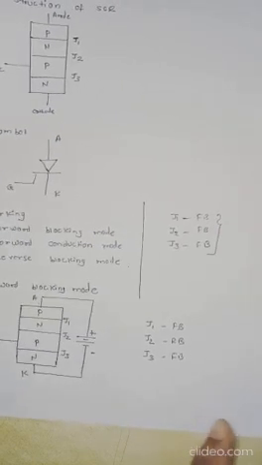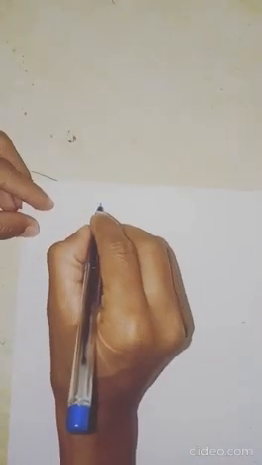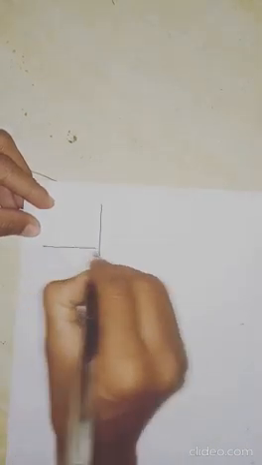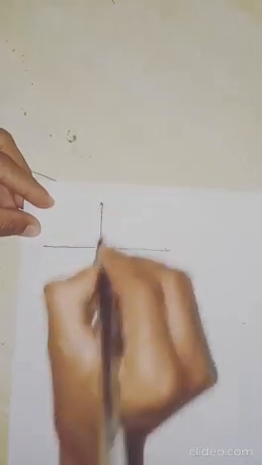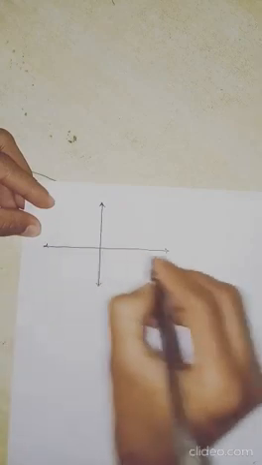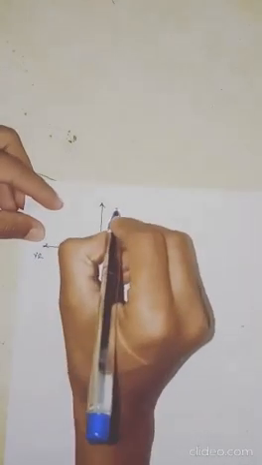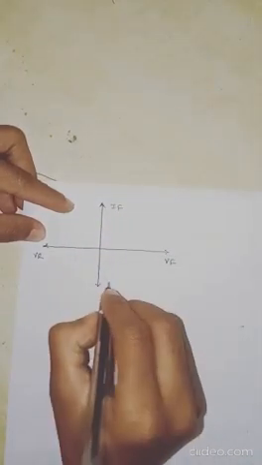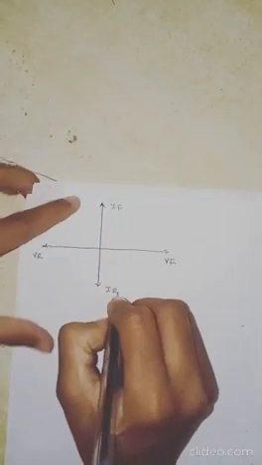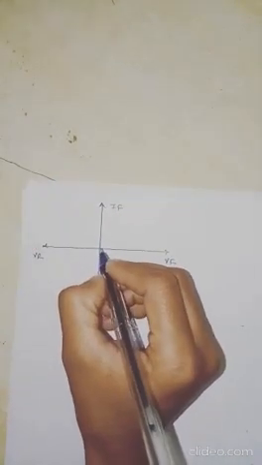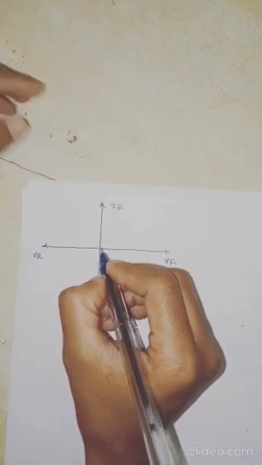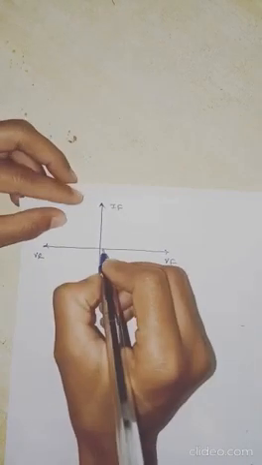So we'll see the characteristics of SCR. This is forward voltage, this is reverse voltage, this is forward current and this is reverse current.